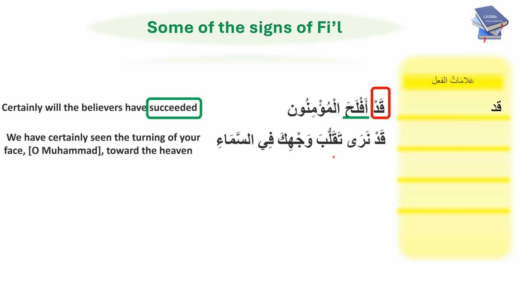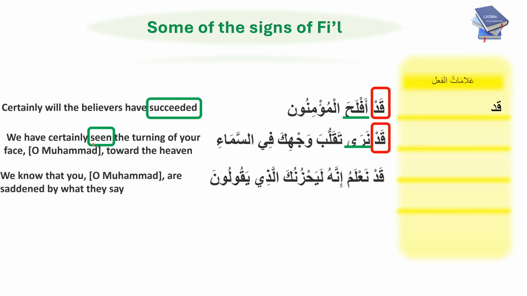قد نرى تقلب وجهك في السماء. We have certainly seen the turning of your face towards the heaven. Again, we have قد. So this word has to be a verb, and the English equivalent will be seen. نرى, seen. قد نعلم إنه ليحزنك الذي يقولون.